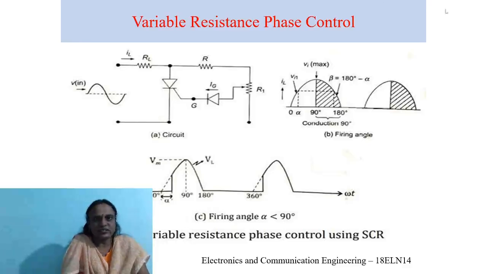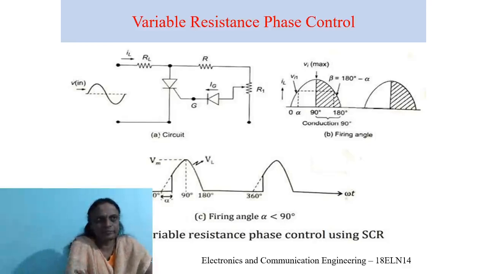For that, we have to adjust R1. R1 is adjusted to a very high value so that even at the peak value of the input voltage, the gate current has control over the SCR.